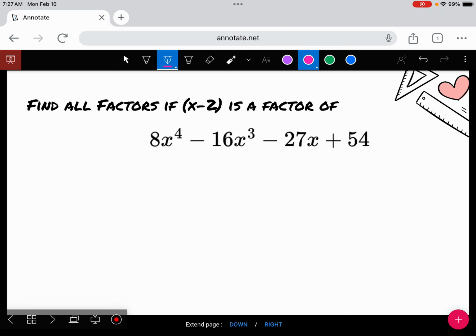All right. So, what do we do? What do we need to do here?